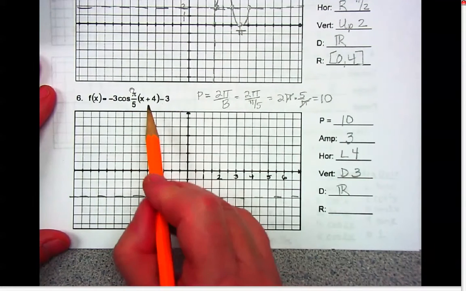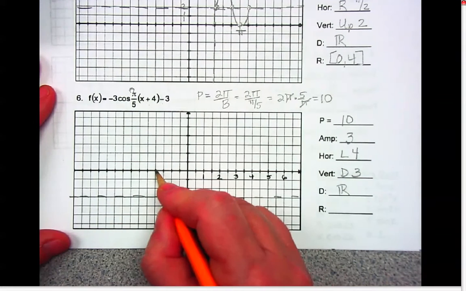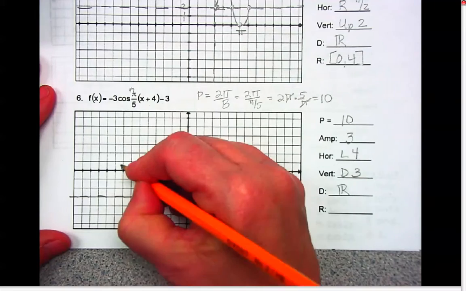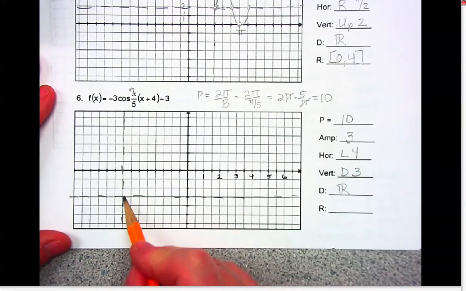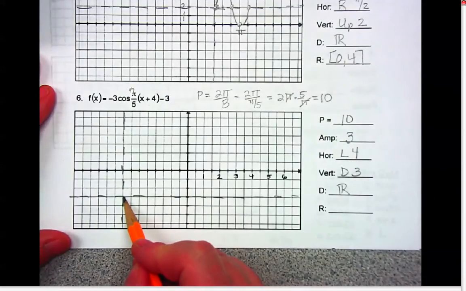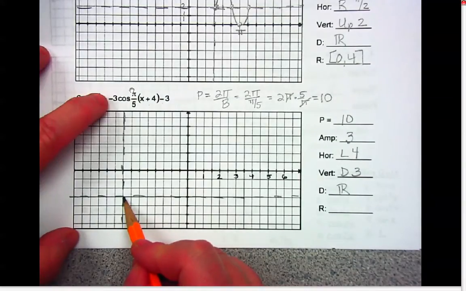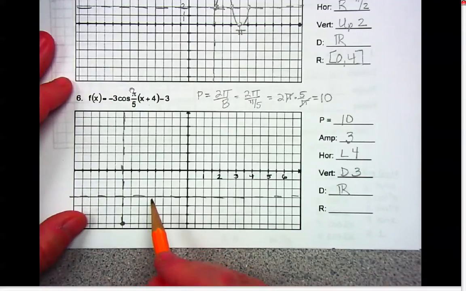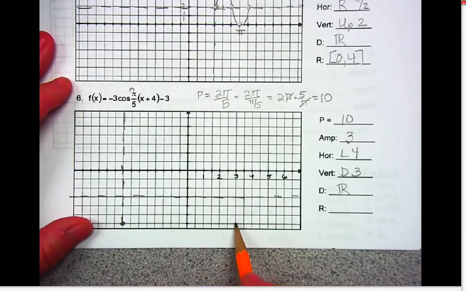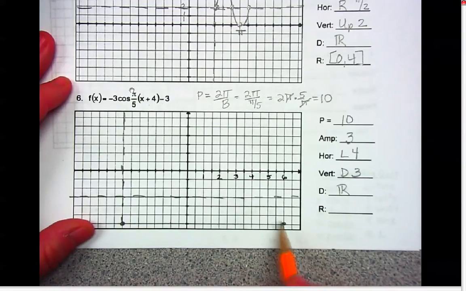Okay, so we're going to go left 4. 1, 2, 3, 4. So the cosine is going to start down here, but cosine starts at the amplitude, and this is negative, so it's going to start down here at 3. And it's going to go all the way to 10. So 1, 2, 3, 4, 5, 6, 7, 8, 9, 10. It's going to end at 10. Halfway would be 5.